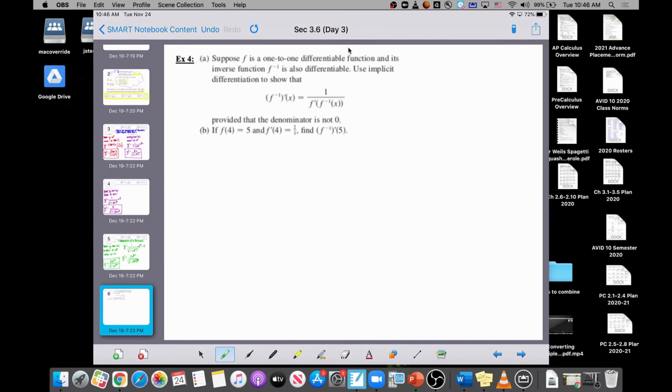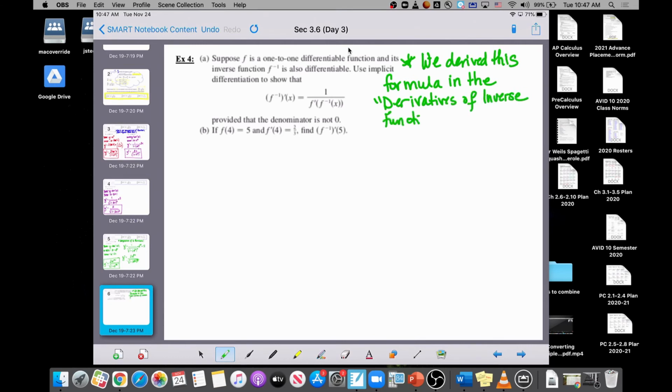All right, and I'm going to put a little note here. We derived this formula in the derivatives of inverse functions notes, which was chapter 3.1 through 3.5 plus, right?